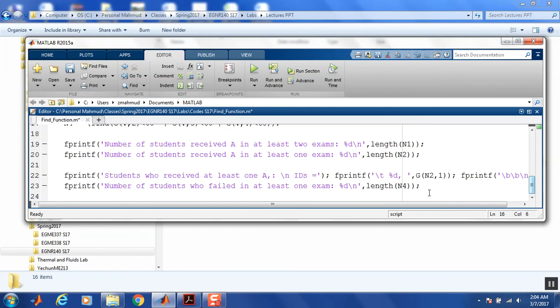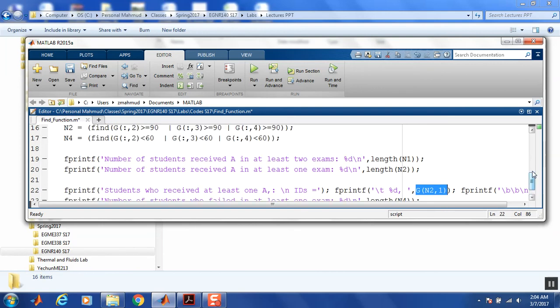So instead of doing anything else, I just used it directly in here. I wrote students who received at least 1 A, and with the next line I wrote IDs equals, then fprintf G, N2, 1. This is kind of important for you to notice here.